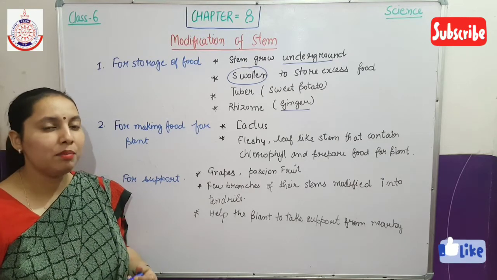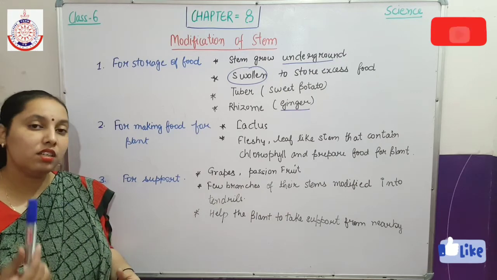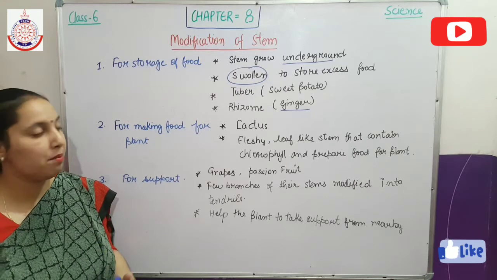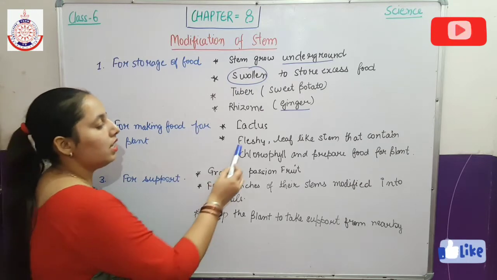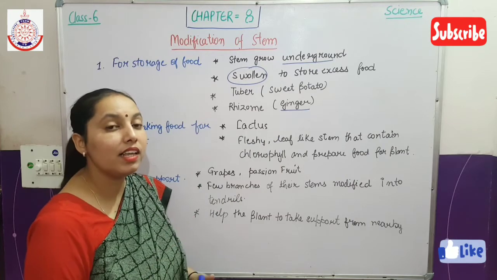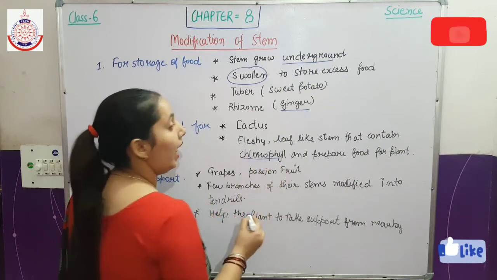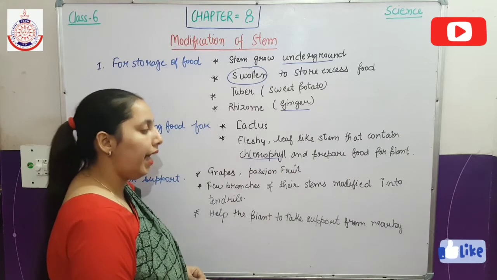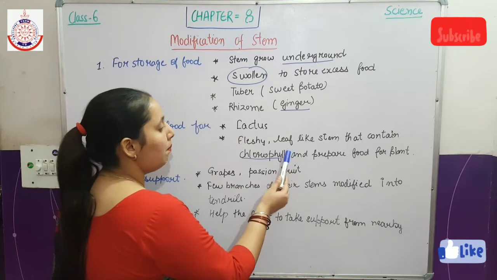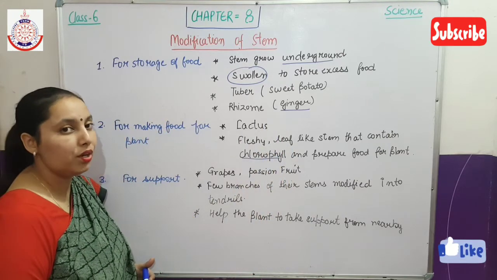Yes, their stem is fleshy and leaf-like. It is supposed that it is a leaf, but actually it is a stem, and that stem is fleshy and leaf-like, and green in color. It means that it contains chlorophyll. And what does chlorophyll do? It helps to prepare the food for the plant. It means the stem of the cactus plant is preparing food for the plant.